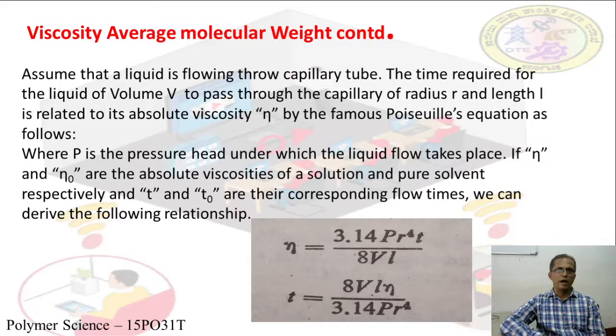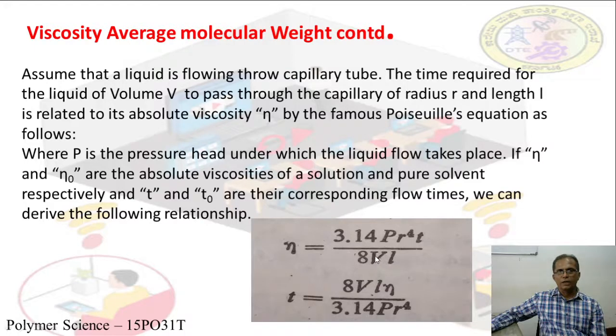The time required for the liquid of volume V to pass through the capillary of radius r and length L is related to its absolute viscosity eta by the famous Poiseuille's equation, which is given here. In this equation, eta is equal to 3.14 into P into r to the power of 4 into T divided by 8 VL. In this, P is pressure head and eta is viscosity.